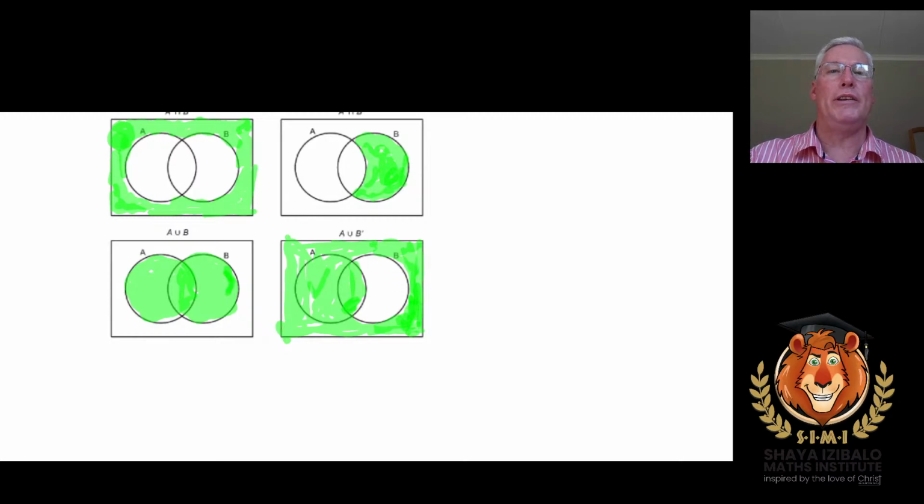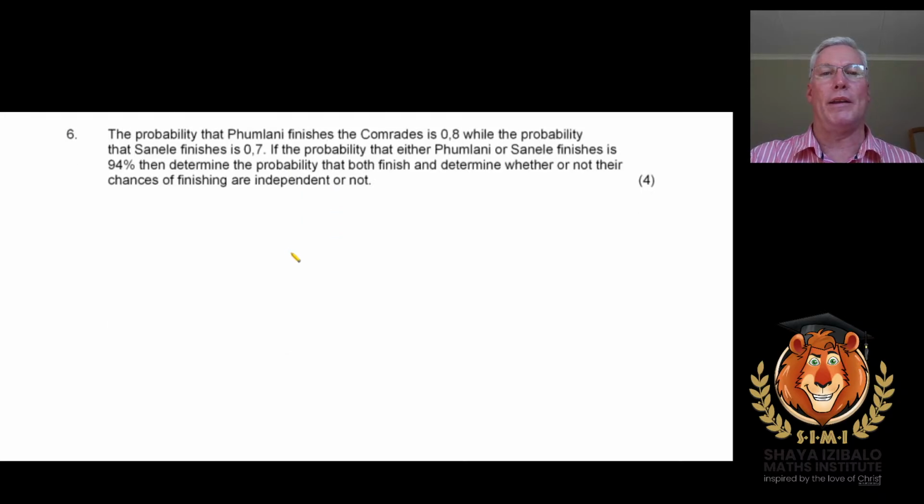Right. I've really tried to work quite hard at finding a sort of mix of questions. Okay, this question over here says, the probability that Pumlani finishes the Comrades is 0.8. The probability that Sanele finishes is 0.7. And the probability that either of them finishes is 0.94.